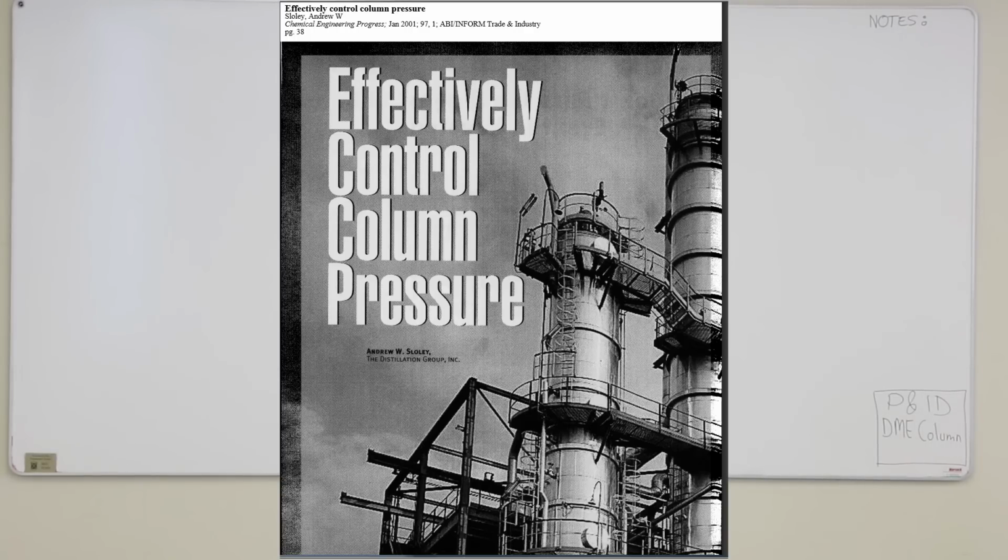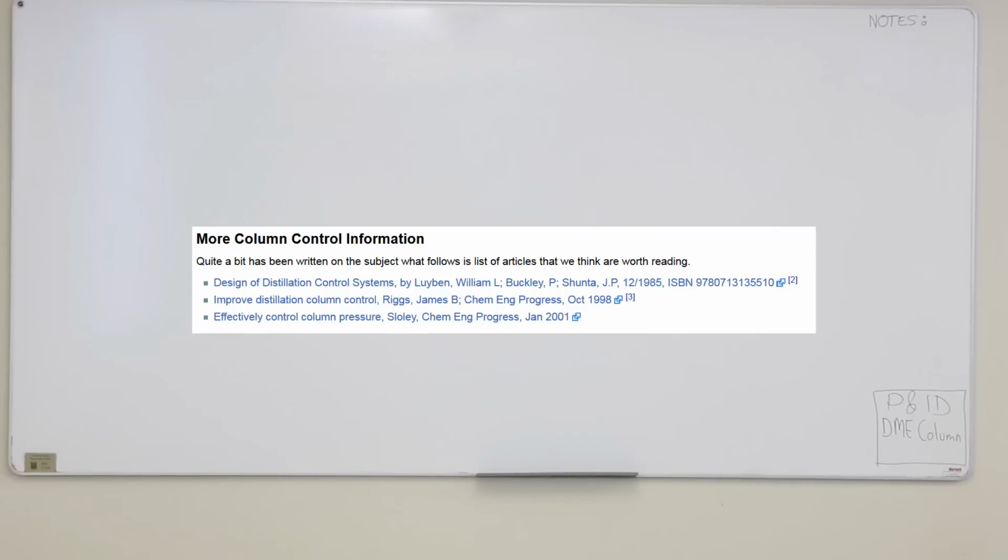But what's nice about this one is it goes through a whole bunch of different control schemes for controlling columns. So I may take a stab at trying to use one of these control schemes because it comes highly recommended.